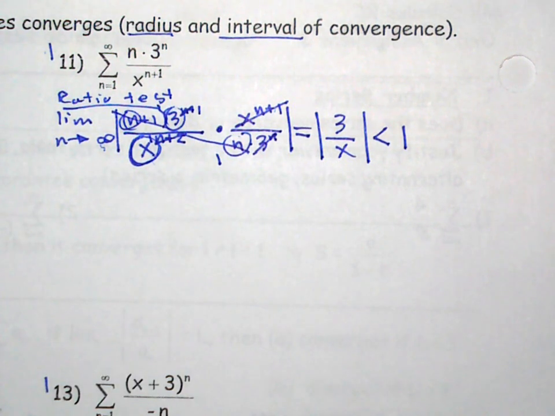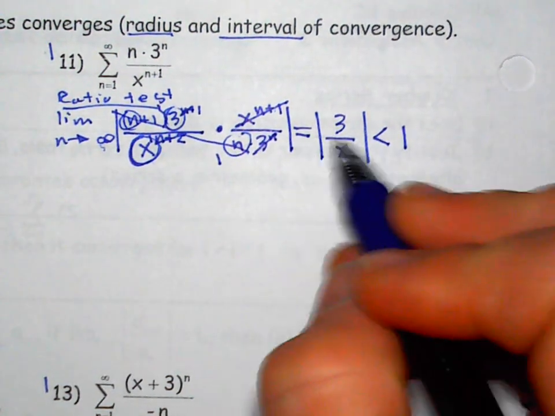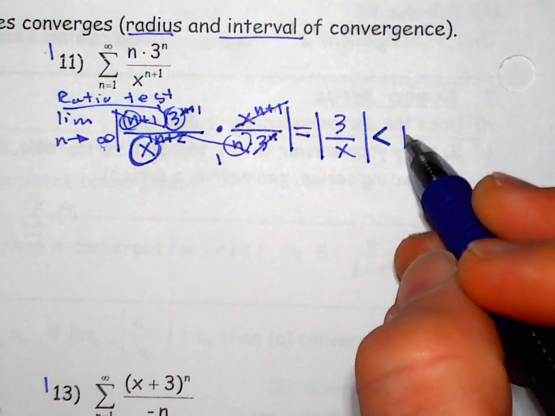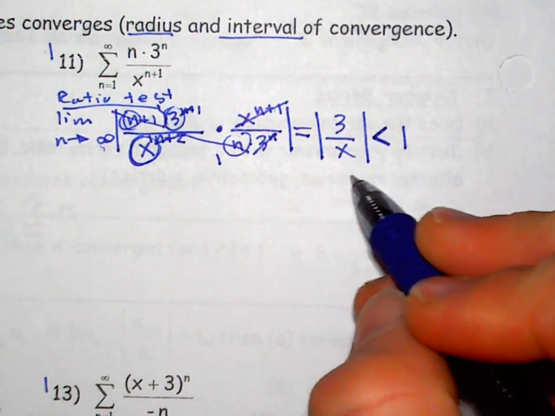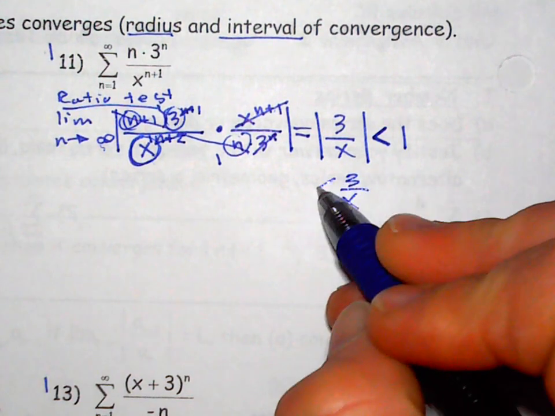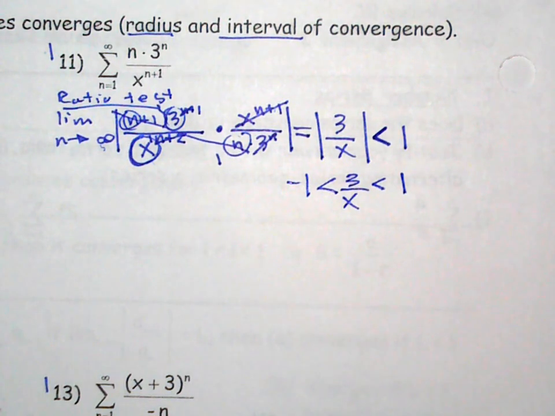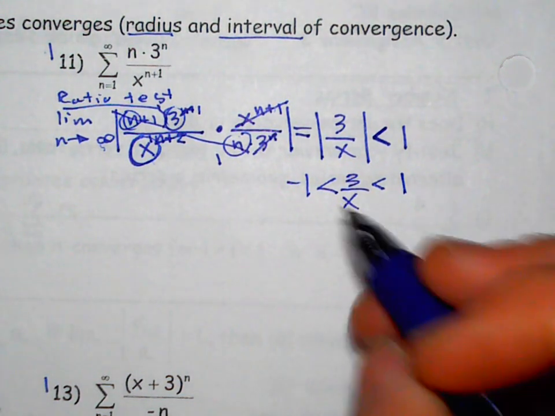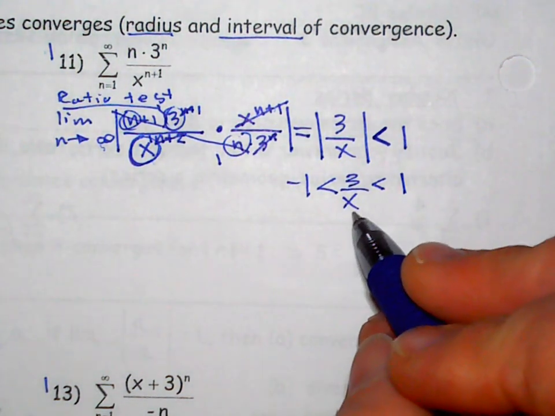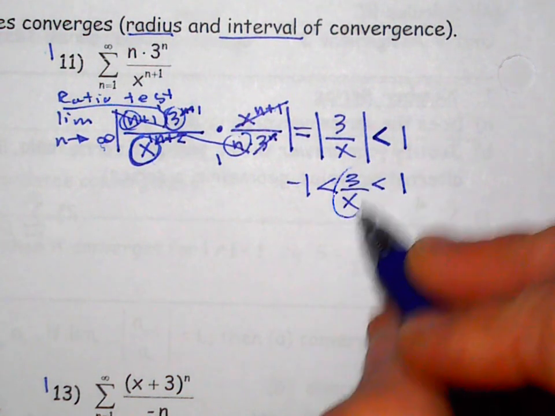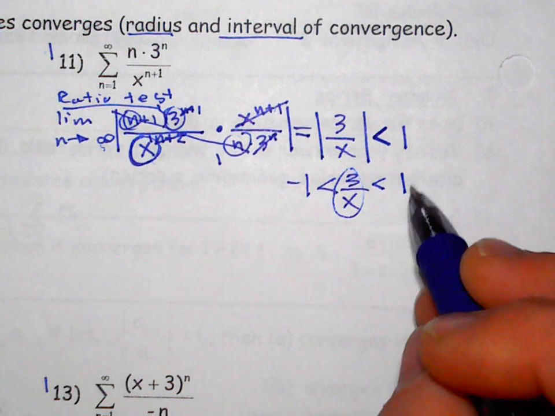We could solve this absolute value inequality. Since it's less than 1, think of distance on the number line, that this has to be greater than -1, but less than +1 to get rid of the absolute value. So you could do that. And then you could, even in your head, think, well, what values of x are going to make sure that this fraction is between -1 and 1?